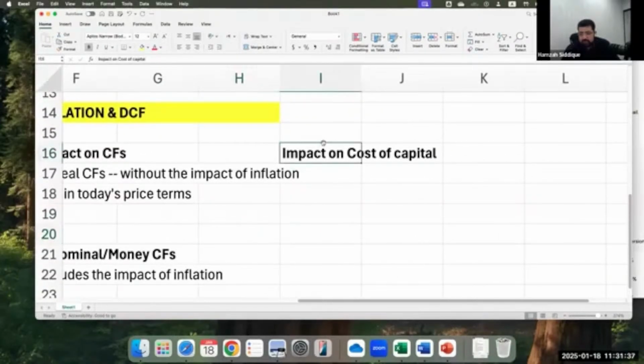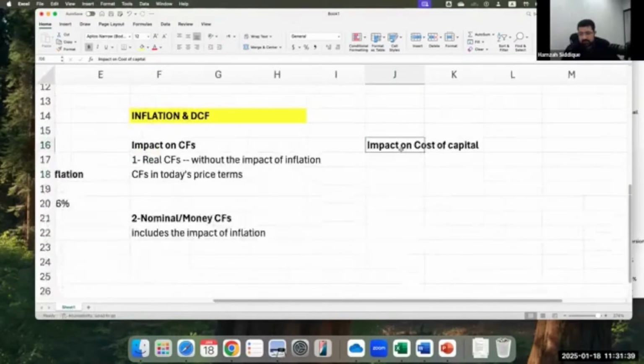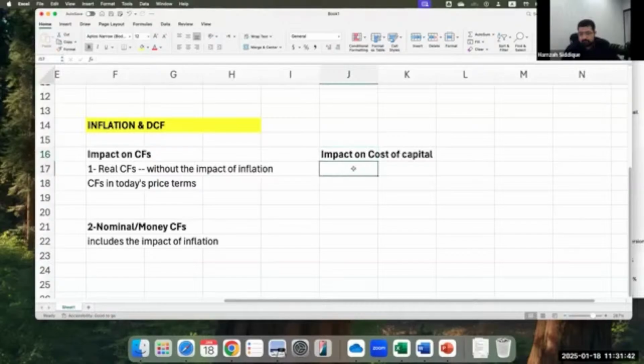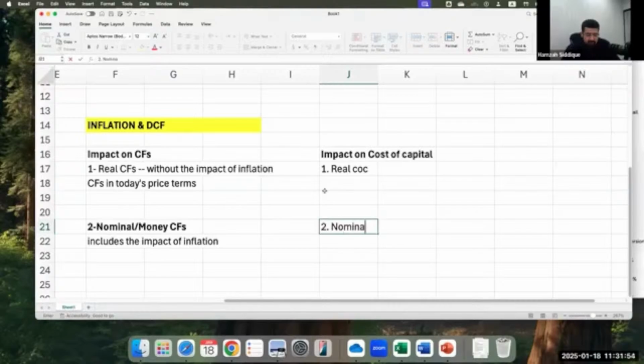So, impact on cost of capital. Cost of capital is again of two types: real cost of capital, and nominal or money cost of capital.